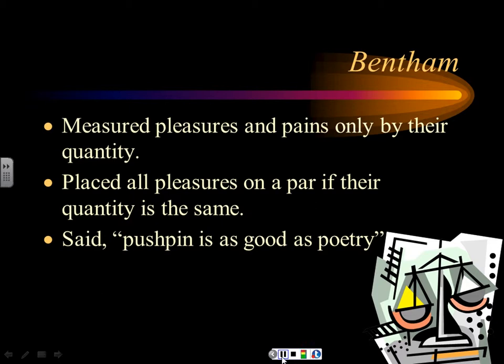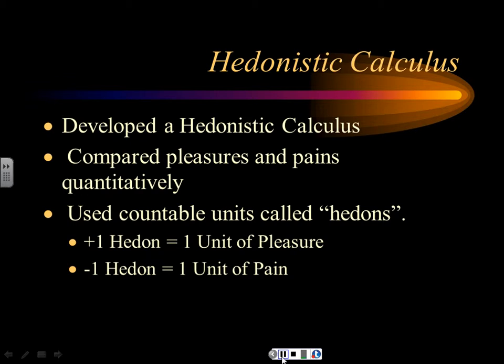So what is he saying? He's saying, well, as long as you're getting the same amount of pleasure from it or happiness, it doesn't matter what you're doing. They all have the same value, and this gets him in trouble later, as we'll see when we look at Mill. But the other thing Bentham thought we could actually do is measure in an objective way pleasures and pain.